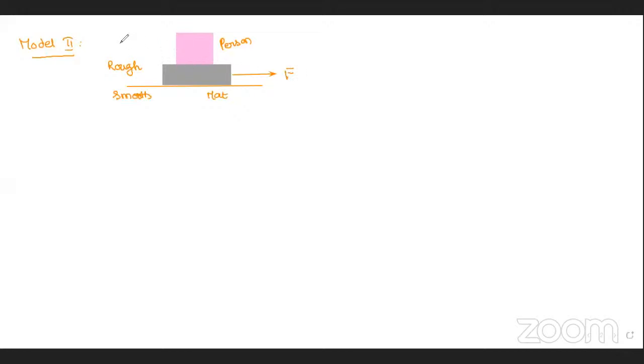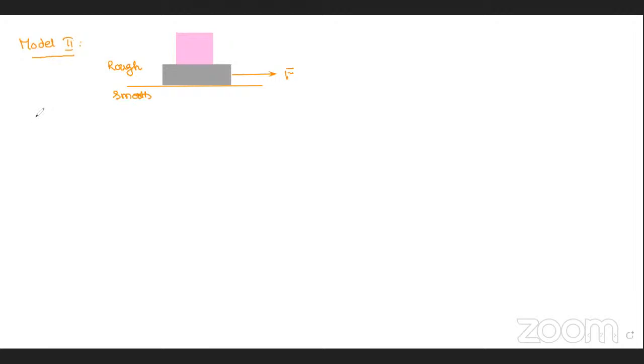Falls back means he is feeling some force in the backward direction. That kind of force he is feeling is called pseudo force. That concept here I am going to explain.